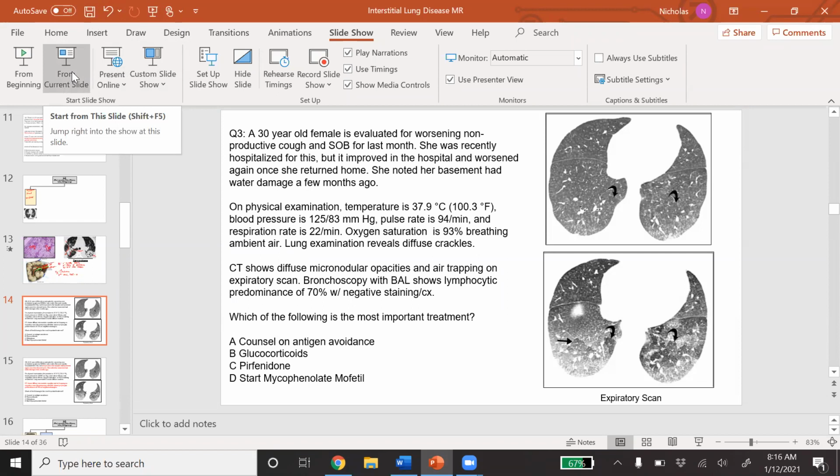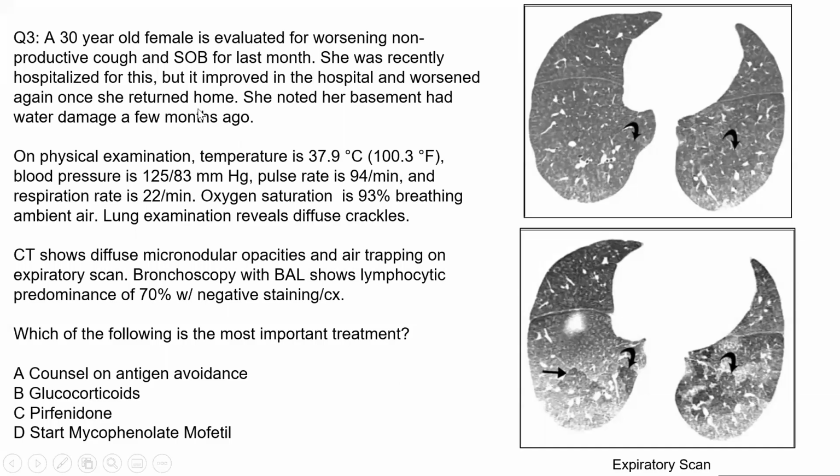Can anyone tell me why they thought this was counsel and antigen avoidance? You were right if you said that. It seemed like hypersensitivity pneumonitis just based on the timeline of improvement in symptoms in the hospital and then worsening when she went back home. So the biggest thing will be avoiding the cause or the trigger of the hypersensitivity. So that's why I chose A. Perfect. Absolutely, exactly what you said.